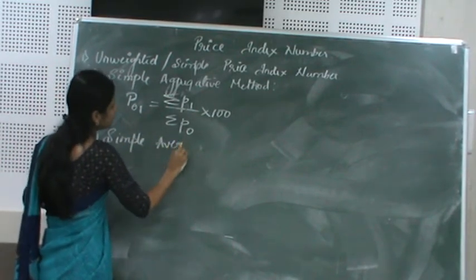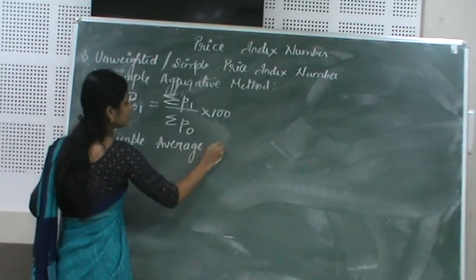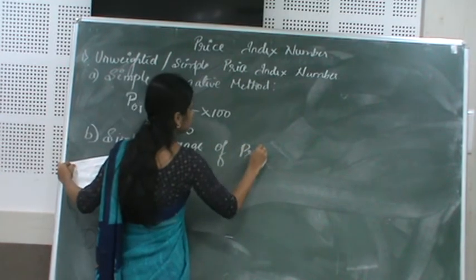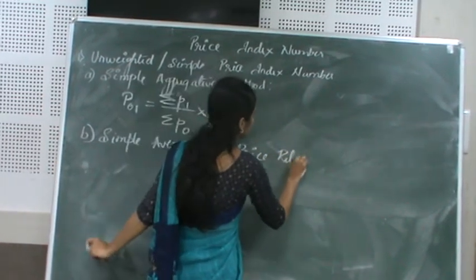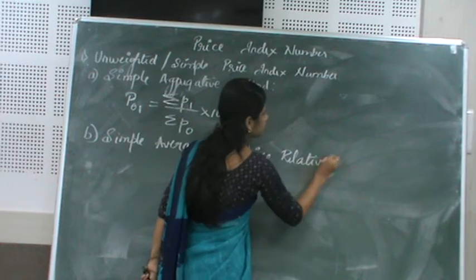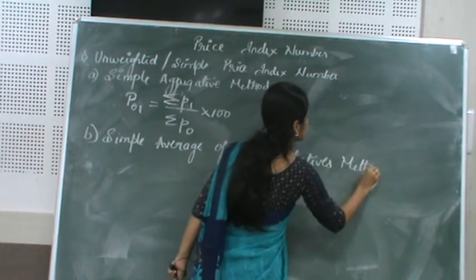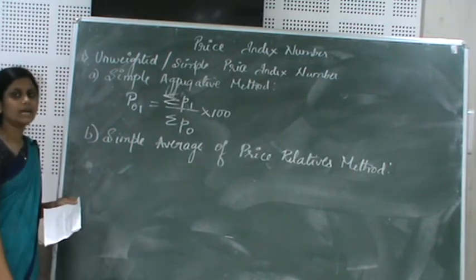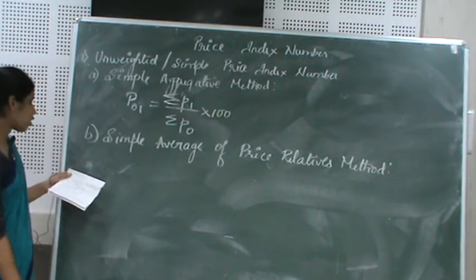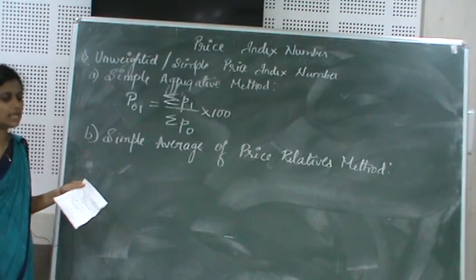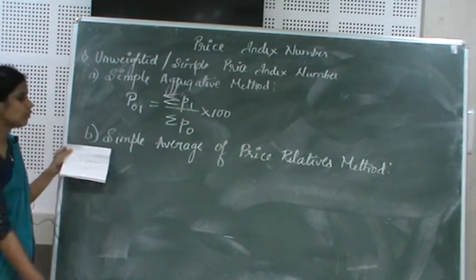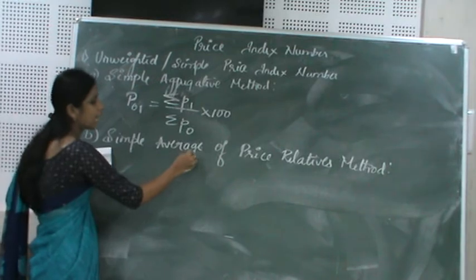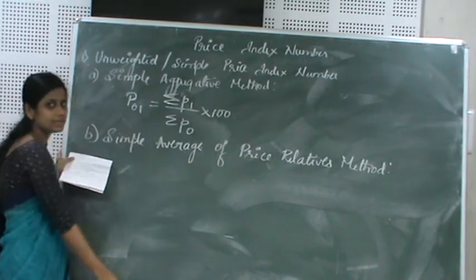Next, the second method under unweighted or simple price index number is the simple average of price relatives method. Here we are going to calculate the average of price relatives.